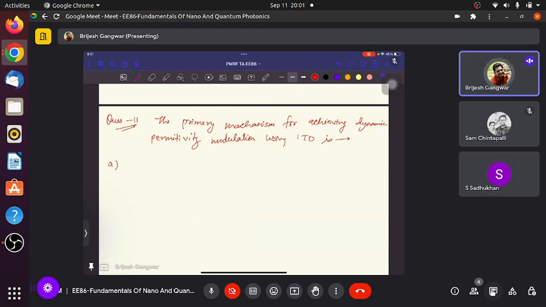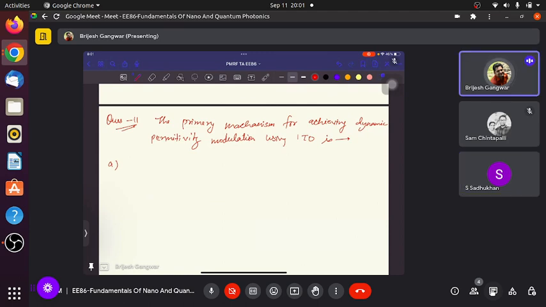Option A is rearrangement of constituent atoms on application of a voltage bias, thereby changing state from amorphous to crystalline. Second one is excess carrier generation due to the application of external magnetic field.